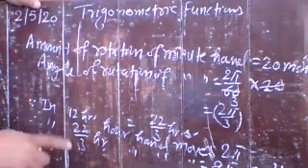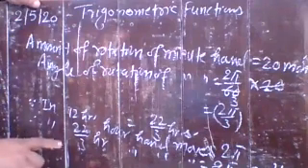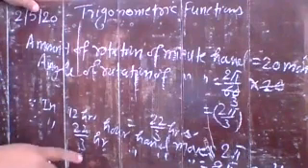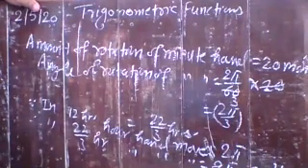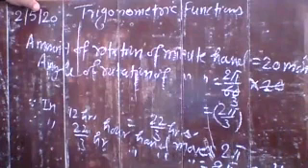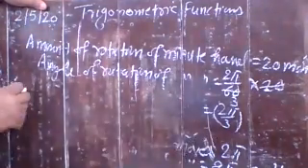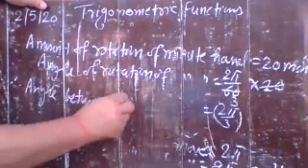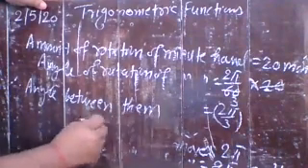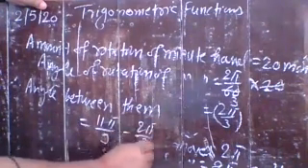So what will be the angle between them? You have to take the difference between them. So 11 pi upon 9 minus 2 pi by 3. Okay, so write it. Hence the angle between them is equal to 11 pi upon 9 minus 2 pi by 3.